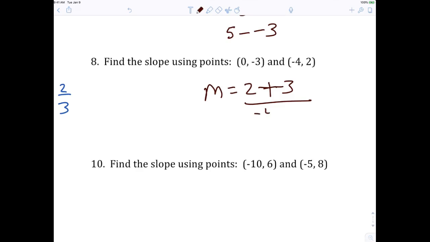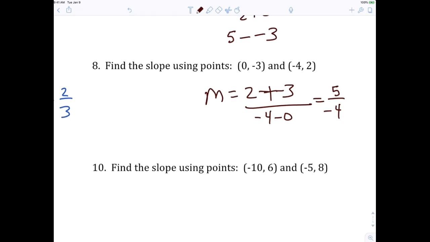Negative 1 minus 0. So now I have 5 over negative 12. Exactly right. Now most of the time we just say negative 5/4. You with me? All right, now keep going. Keep practicing.